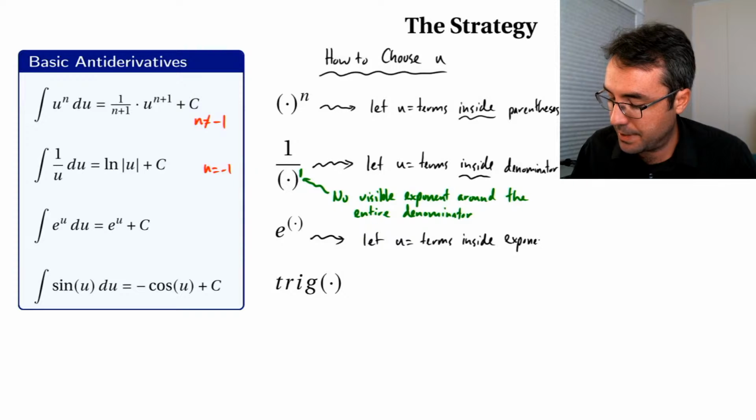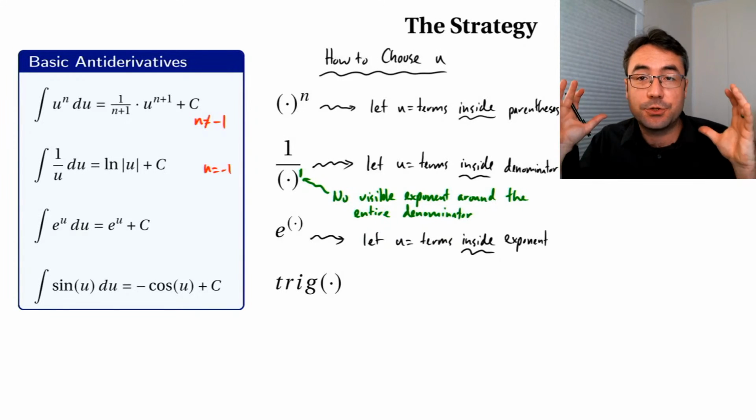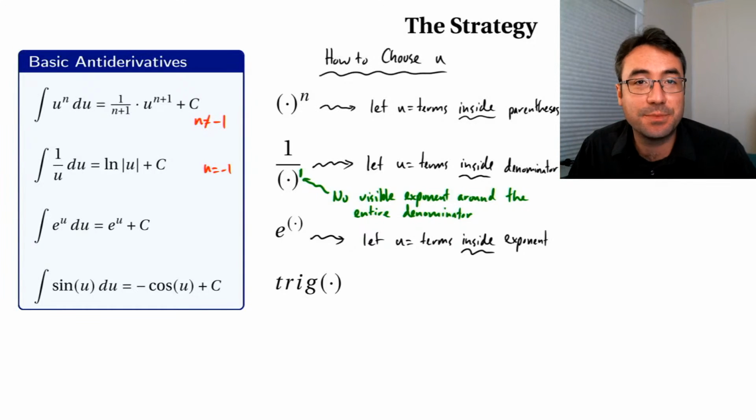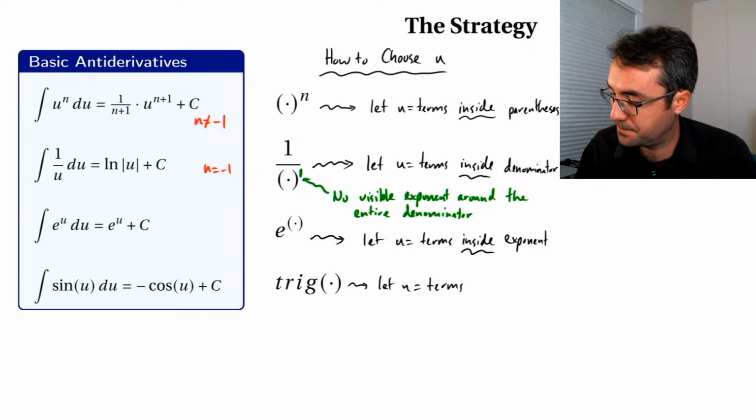So u is always, for the most part, going to be the inner function. It's inside something else. Same thing, if you see a trig function and you see some complicated terms inside that trig function, again, we're letting u equal the terms that are inside the trig function.